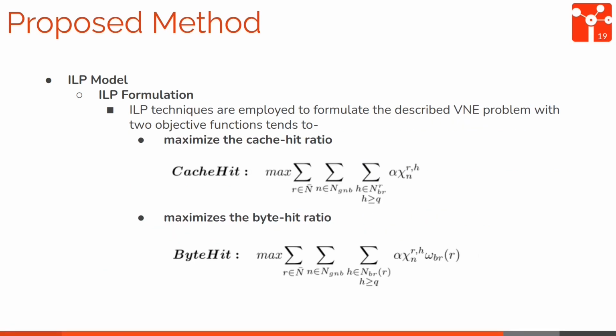For the ILP formulation, the authors used the ILP technique to model a VNE problem with two objective functions, which maximize the cache hit ratio by the given formula, as well as maximize the byte hit ratio by the given formula.